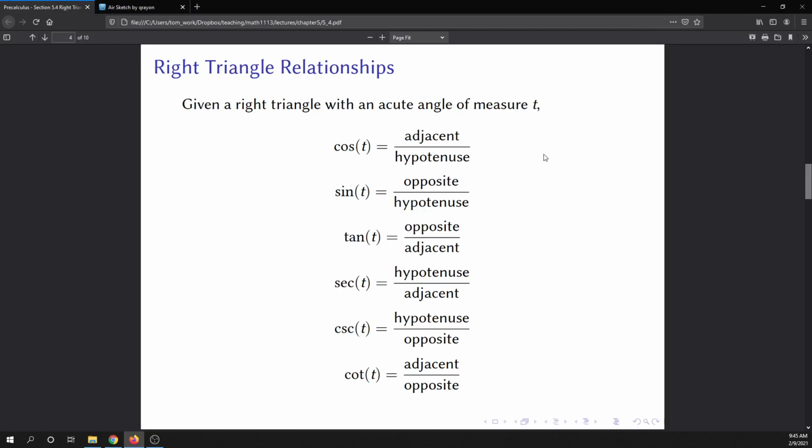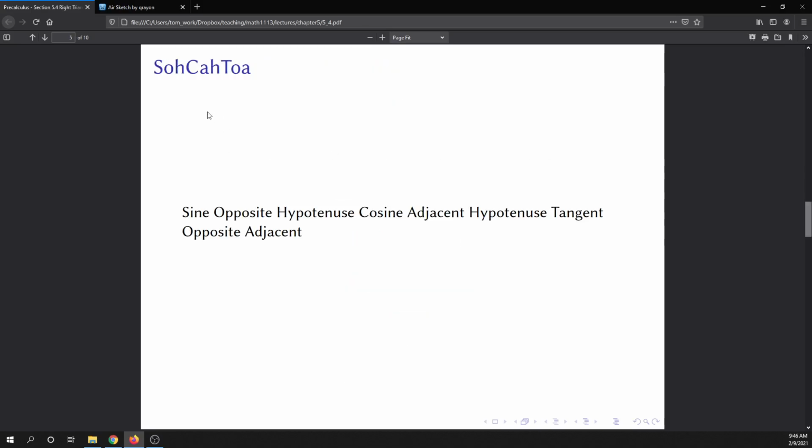All right, so here are the trigonometric ratios in terms of the side lengths of the triangle. A good way to remember this is with the mnemonic device SOHCAHTOA. That stands for sine opposite over hypotenuse, cosine adjacent over hypotenuse, tangent opposite over adjacent.